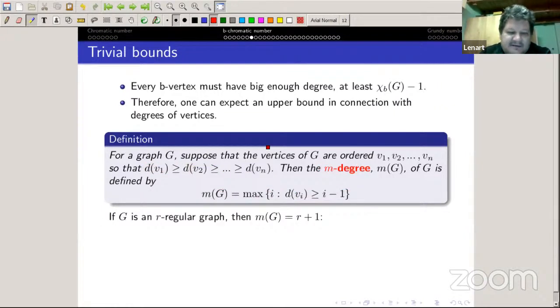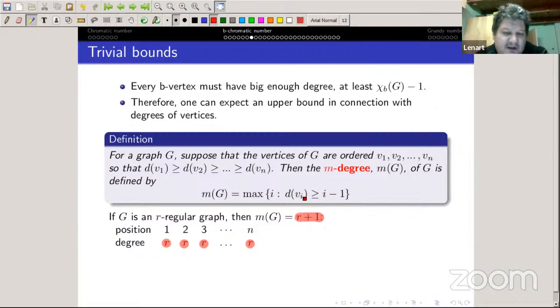Okay, this is for regular graphs. This is very simple because, you see, in a regular graph, every vertex has degree r. And this means that the (r+1)th position has degree, of course, r. So this is r, and it needs to be bigger than or equal to r+1 minus 1, which is r.